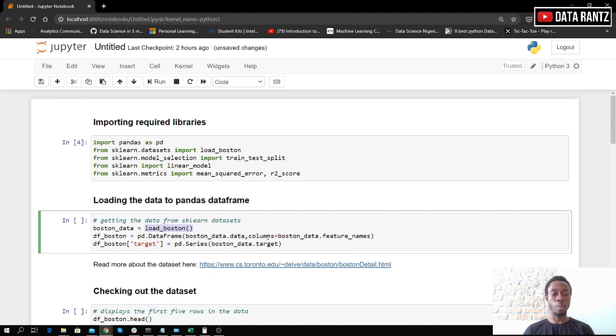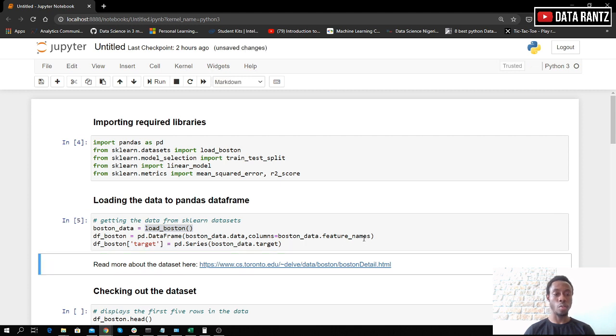So we're just going to put the columns right there, load it into a Pandas data frame and name it DF Boston. All right, and then we also set the target, which is more like our Y label for this data. We just set our target there from the Boston dataset.